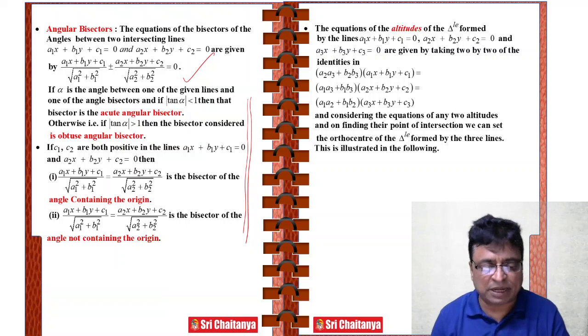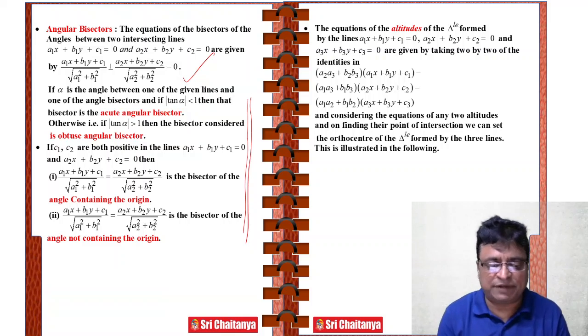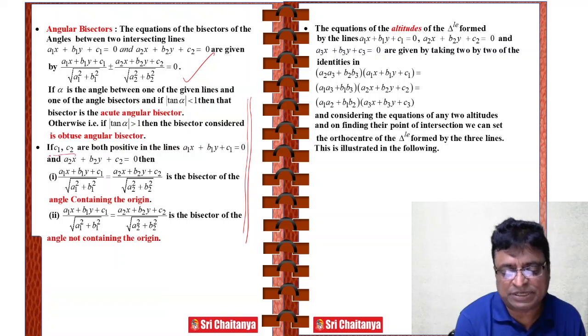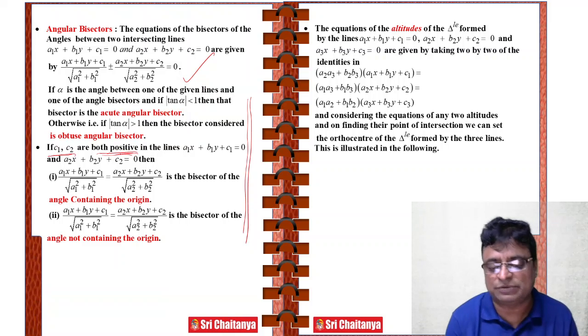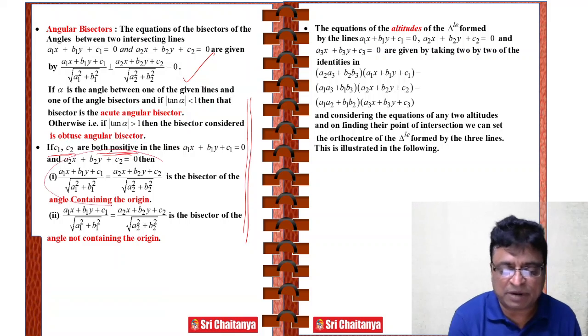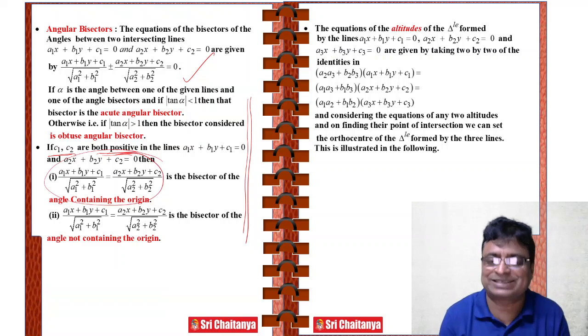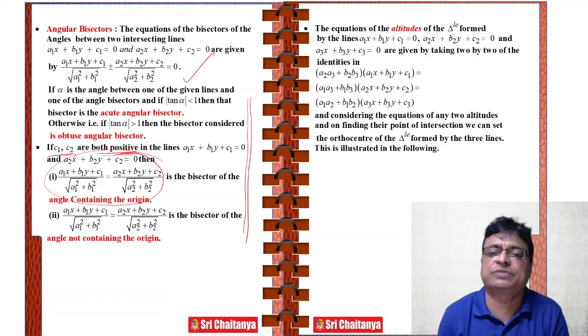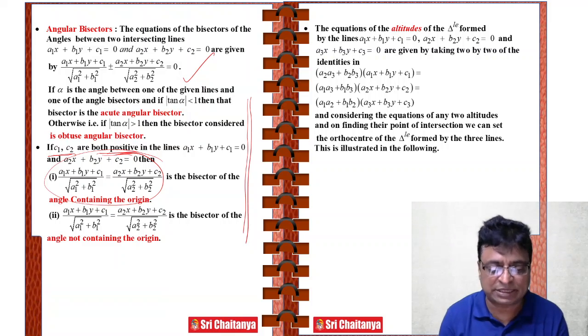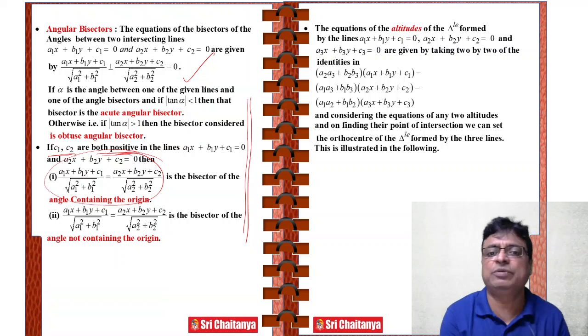So this is the formula. Whenever two lines are given, first make C1 and C2, the constants of both lines, positive. Then this is the formula: (A1x plus B1y plus C1) by root of (A1 square plus B1 square) equal to plus (A2x plus B2y plus C2) by root of (A2 square plus B2 square). It gives the angular bisector containing the origin, and the other would be the angular bisector not containing the origin.